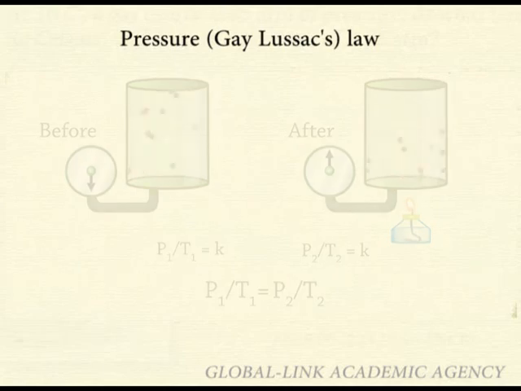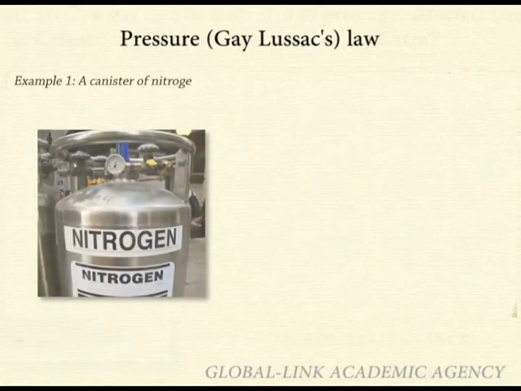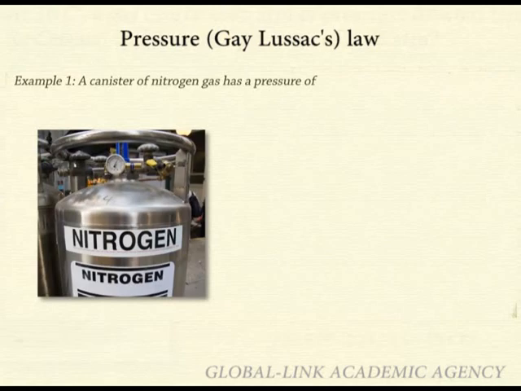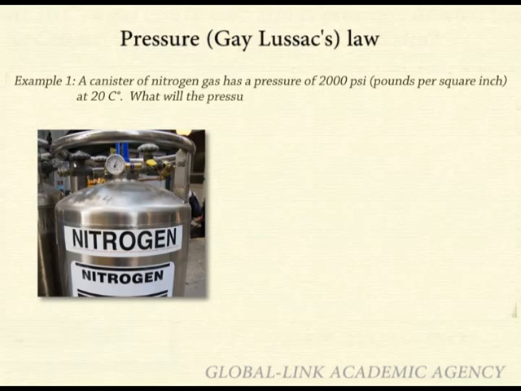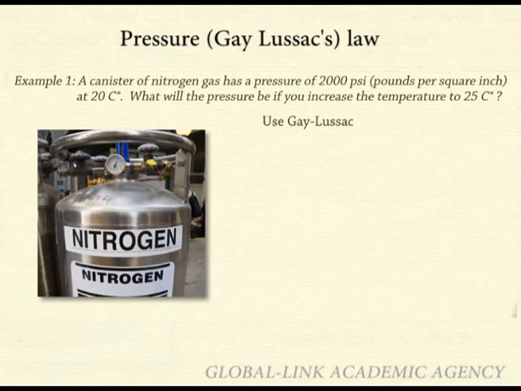An example. A canister of nitrogen has a pressure of 2000 psi, that is pounds per square inch, at 20 degrees Celsius. What will the pressure be if you increase the temperature to 25 degrees Celsius? Write down Gay-Lussac's law.